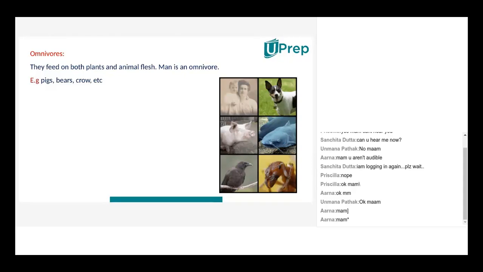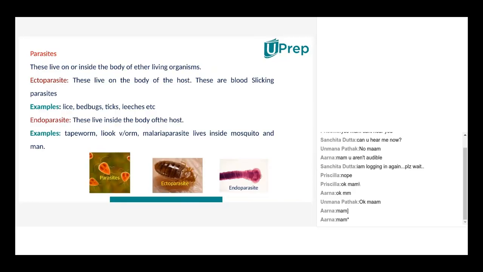Bear and crow. Bear and crow. Okay, fine, good. So Bhavya also said bear and dog. Good, okay. Human beings are also omnivores, isn't it? Many human beings also have plants as well as they have meat. They have fish, right? So human beings also fall into that category.